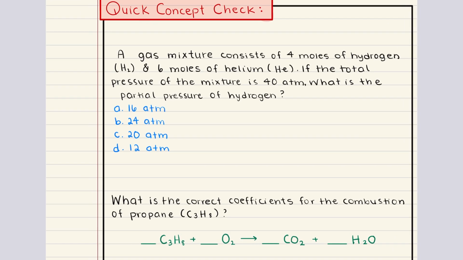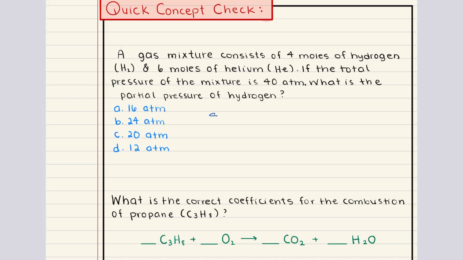The first one says, a gas mixture consists of 4 moles of hydrogen and 6 moles of helium. If the total pressure of the mixture is 40 atmospheres, what is the partial pressure of hydrogen? Of course, we want to start by writing down what we know and what we want to figure out.